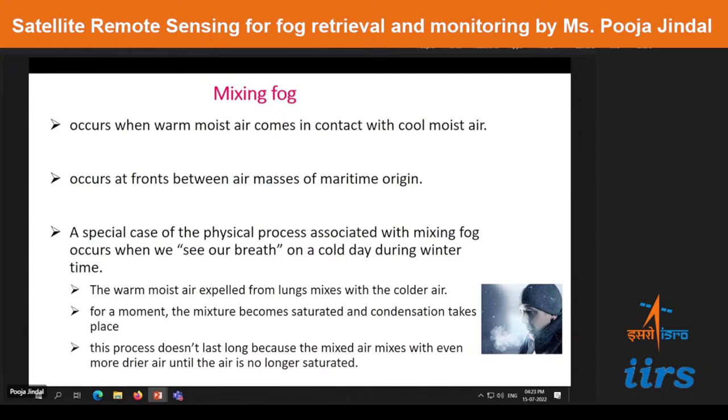For some moment, the mixture becomes saturated and condensation takes place, and we see some fogginess just outside our mouth. But immediately, this air mixes with the further drier and colder air, and then saturation no longer exists, as that air further mixes with more drier air until there is no saturation.